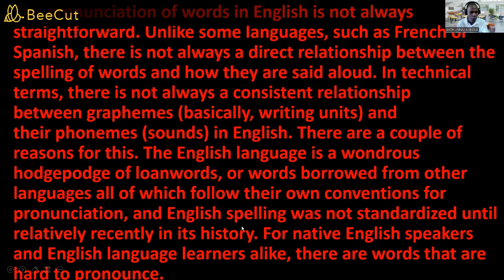Like if you're a Christian, if you get the Bible, you have King James version, you say give it, but now it's no longer give it, but gave, from wherever the word comes from in its own history. So for native English speakers and English language learners alike, there are words that are quite hard to pronounce. That is what will lead us to the next aspect of this today.